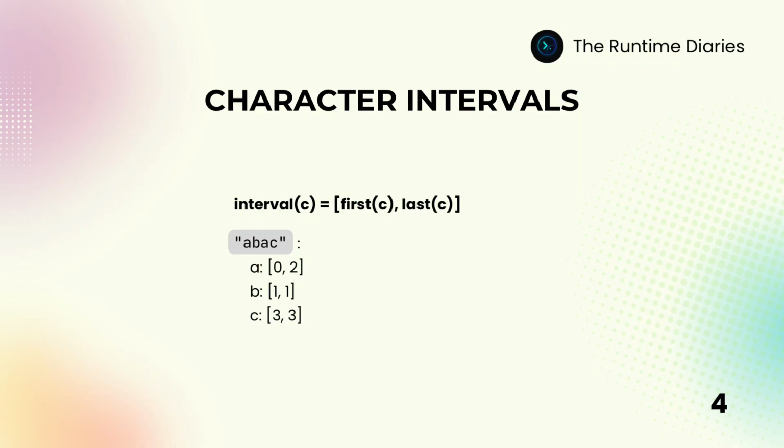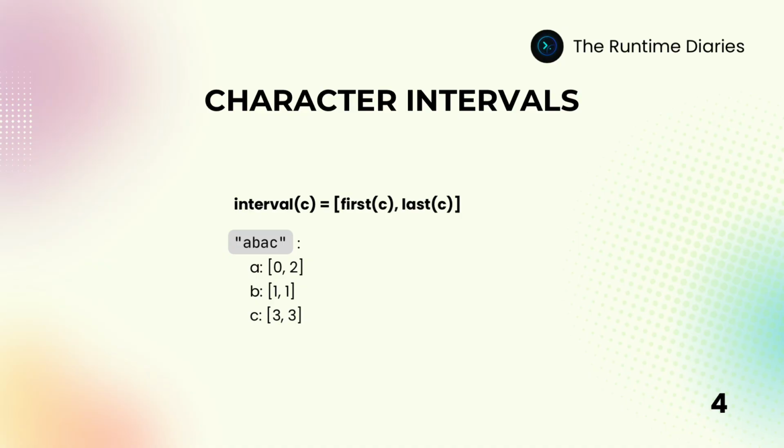The interval is the range from first of C to last of C. Let me show you what this looks like for our example A, B, A, C. The letter A appears at indices 0 and 2, so the interval for A is 0, 2. The letter B appears only at index 1, so the interval for B is 1, 1.